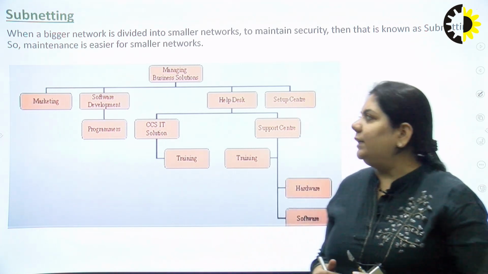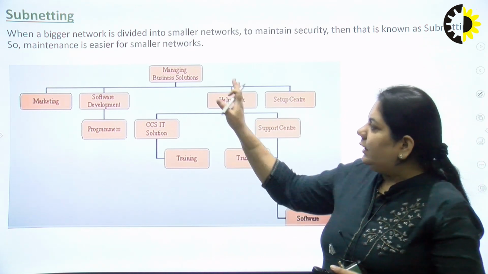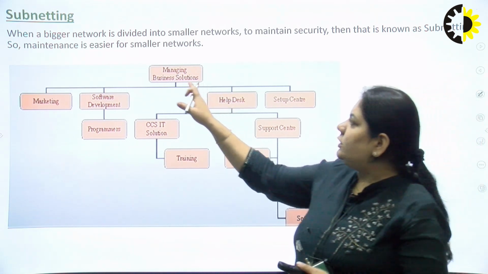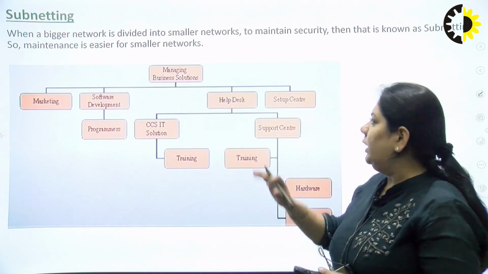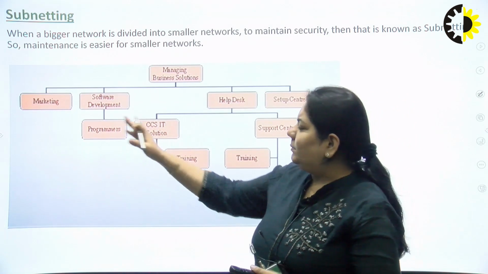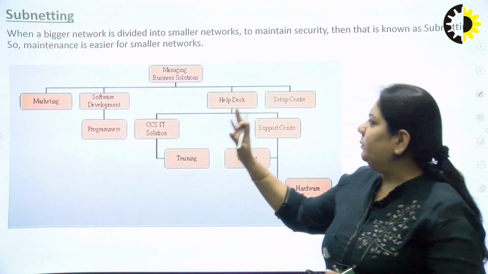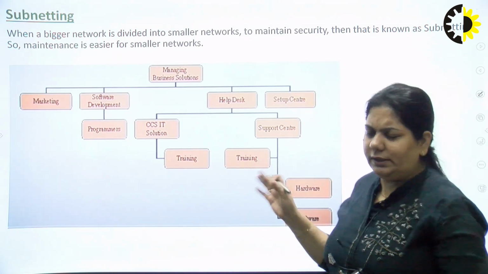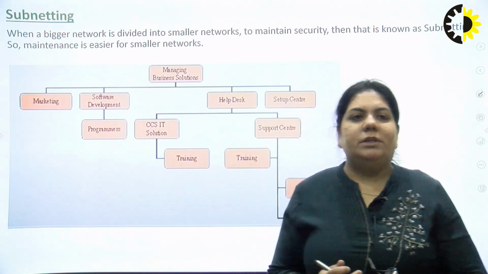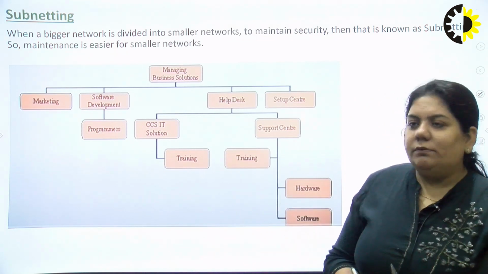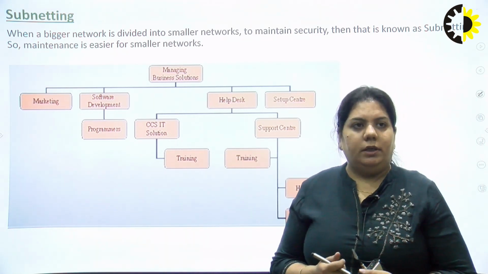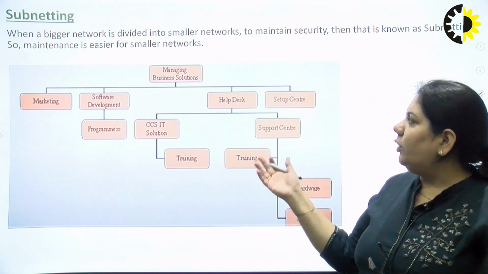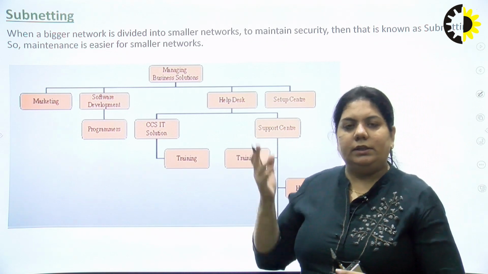Another view of this: consider a flow diagram for an organization that manages business solutions. There are many different departments, suppose a marketing department, software department, help desk, setup code, programmers, training department, support center, etc. Some of the departments are taken care of by a third party, and some departments have secure information that the organization doesn't want to share with any other department.